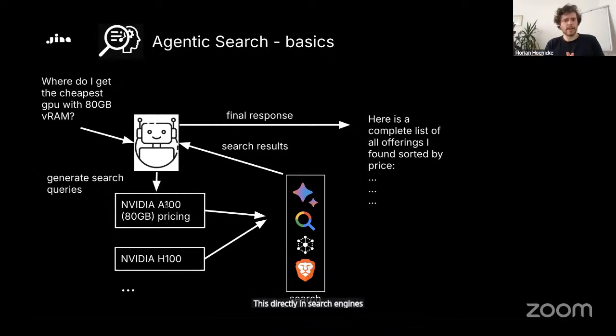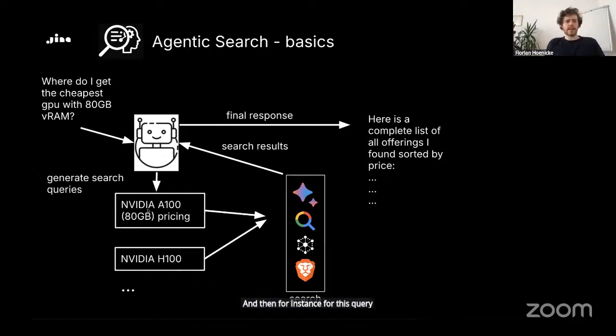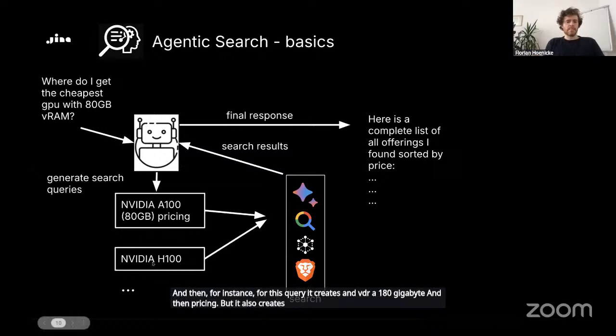Instead it creates a short list, or a bit longer maybe, of search queries that it knows perform well on these search engines. For instance, for this query, it creates NVIDIA A100, 80 gigabyte, and then pricing. But it also creates some other search queries.